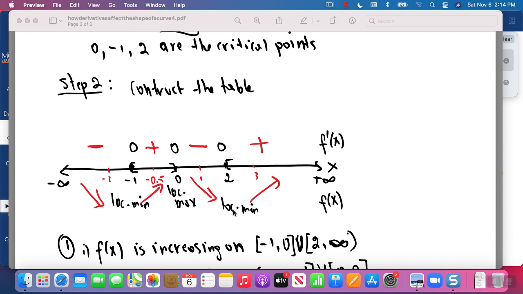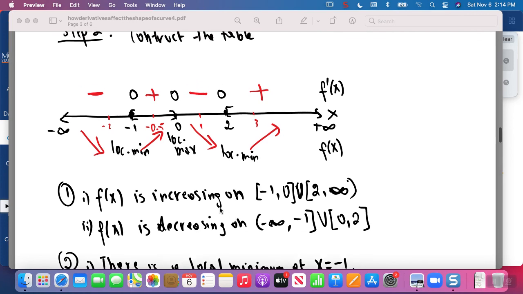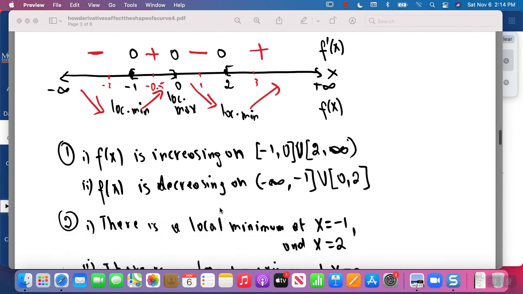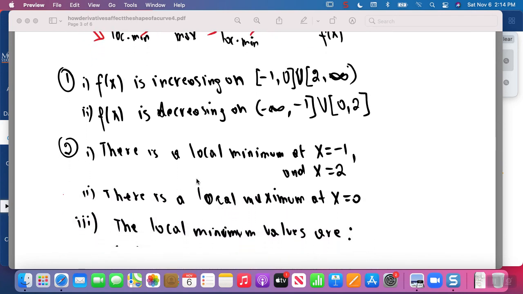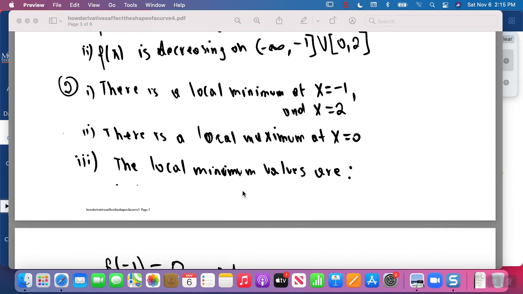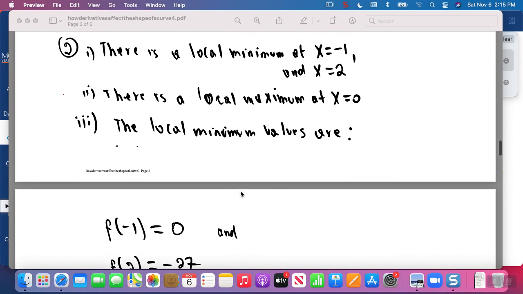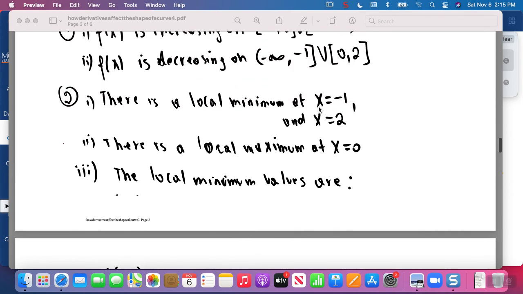So we state here that there is a local minimum at x equals -1 and at x equals 2, and there is a local maximum at x equals 0. Now, if you want to find the local maximum and local minimum values, then you have to evaluate the original function at x equals -1, x equals 2, and x equals 0.